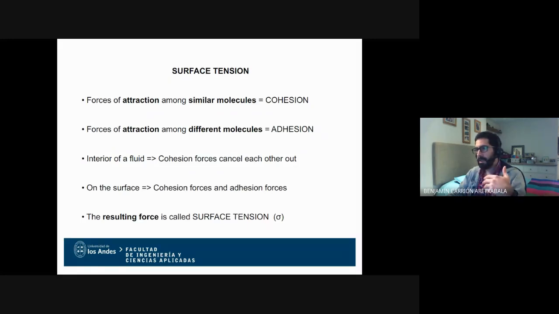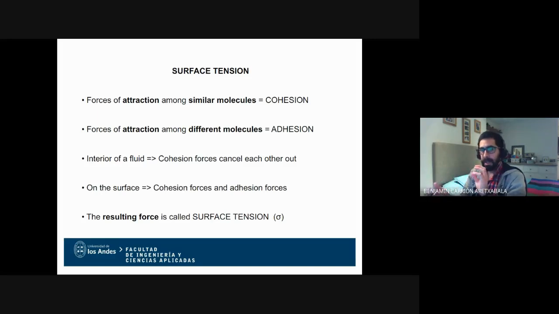So again, the details are not very important, but it's important to understand a few differences. The attraction between the molecules of the same fluid is called cohesion, and the attraction between different molecules, between the fluid, for instance, and a boundary, is called adhesion. For instance, you probably know that raindrops are not really clean water, because as they fall down, they attract different pollutants that might be in the air.